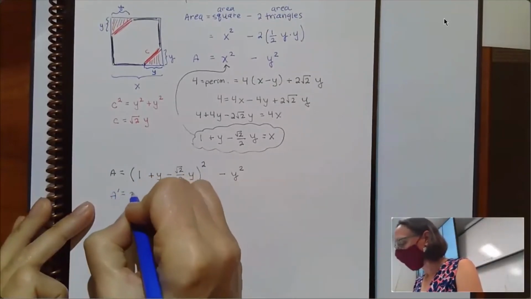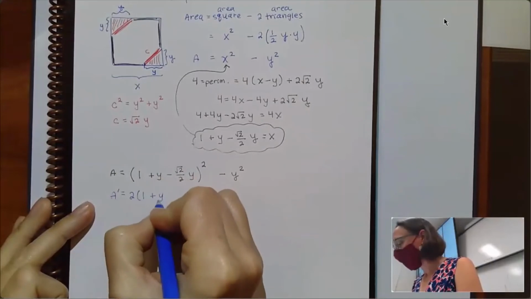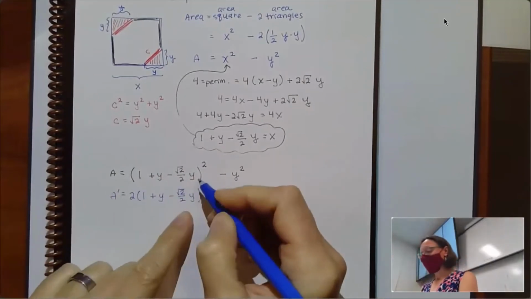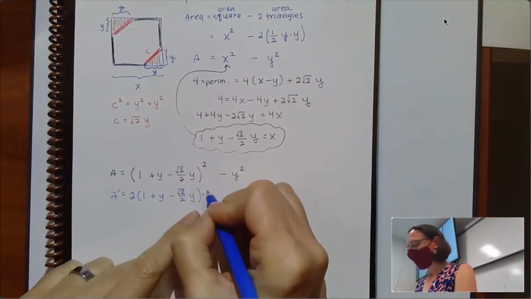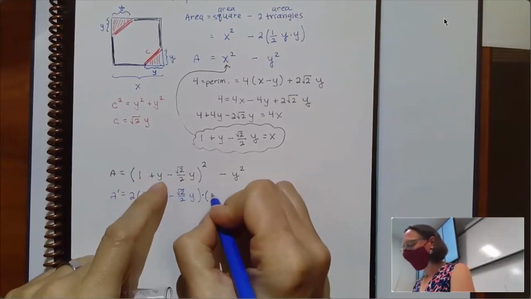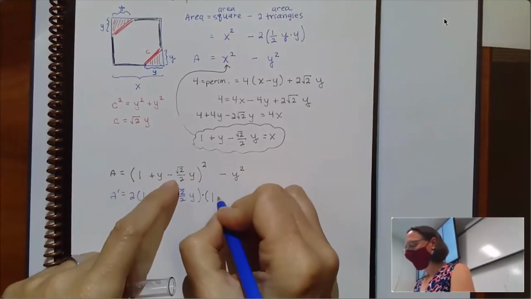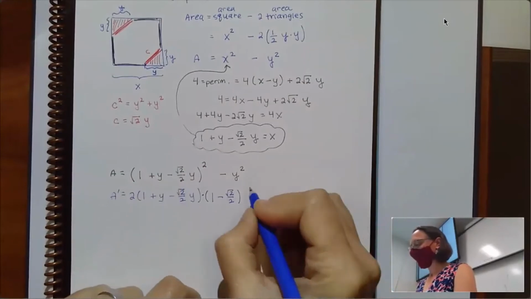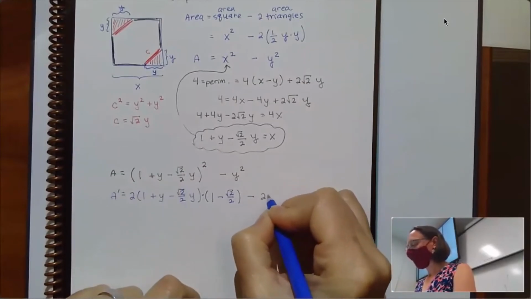Bring my 2 down, and I've got 1 plus y minus square root of 2 over 2 y times the derivative of the inside. The derivative of 1 is 0. The derivative of y is 1. And then I'll have minus a square root of 2 over 2 minus 2y.